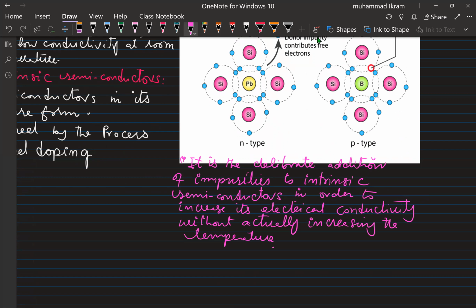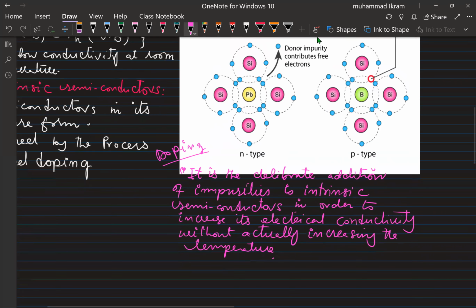This process is called the process of doping. We call this process doping.